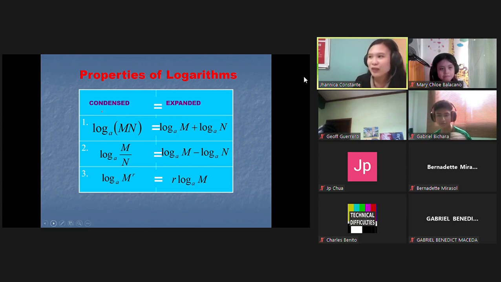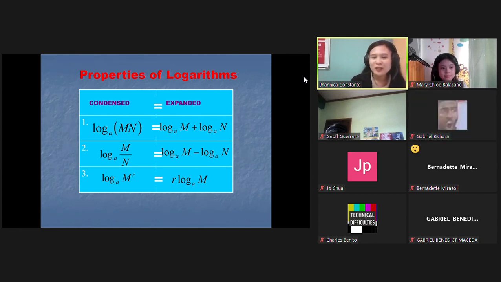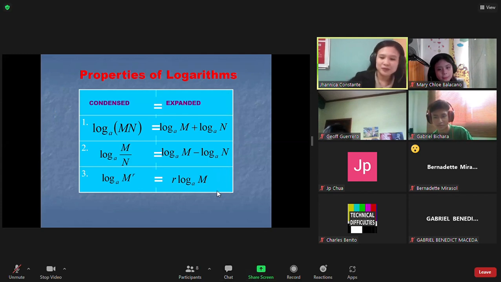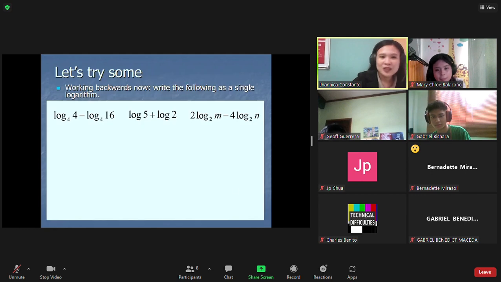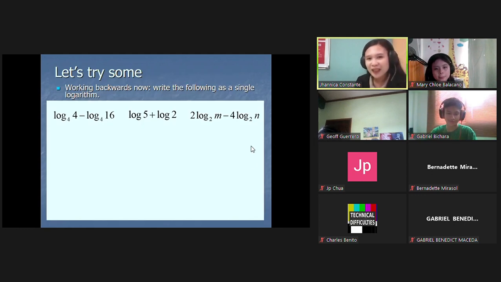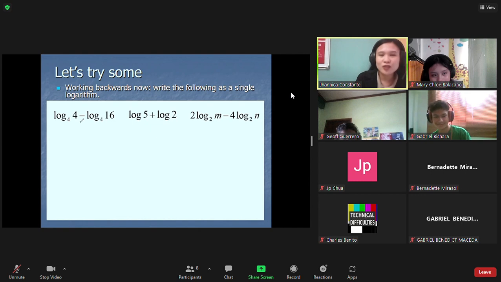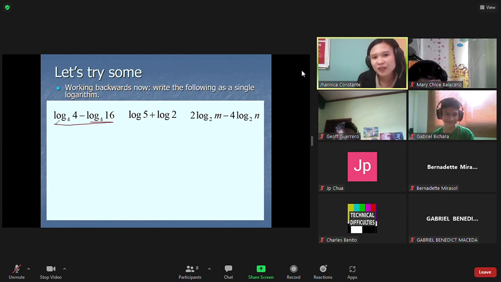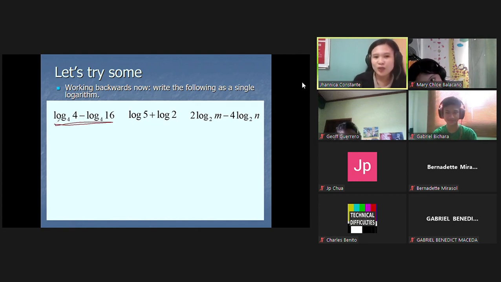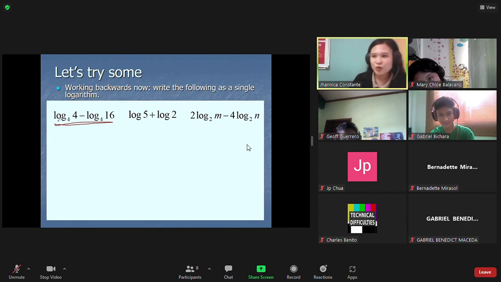So let's try the following functions that we have, using the properties that we have. For example, we're going to write the following logarithmic function in condensed form. It's already expanded. So let's start with this expanded form, and we're going to condense or shorten this function.